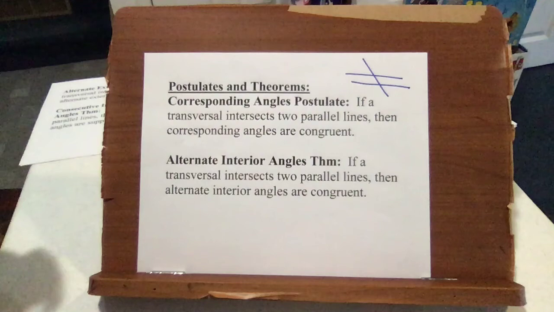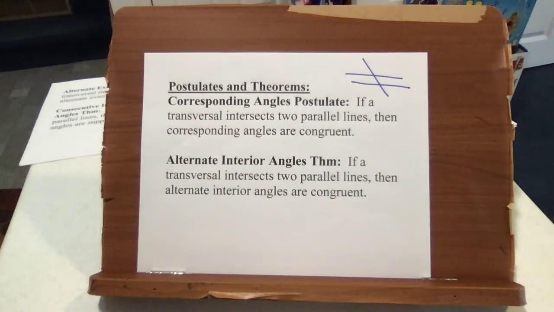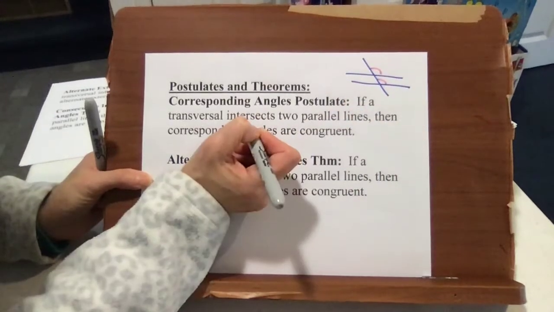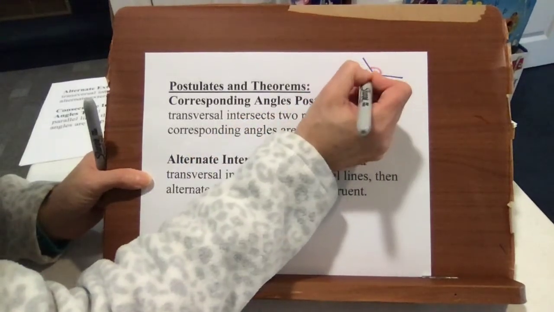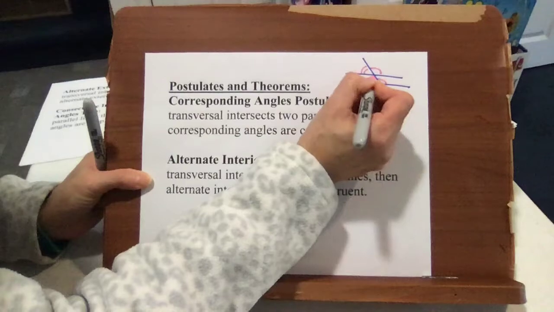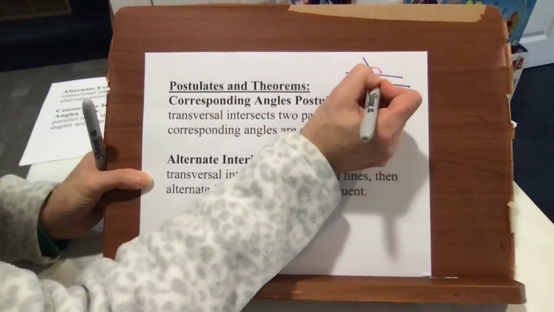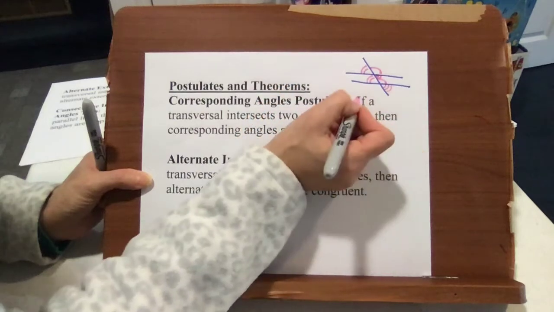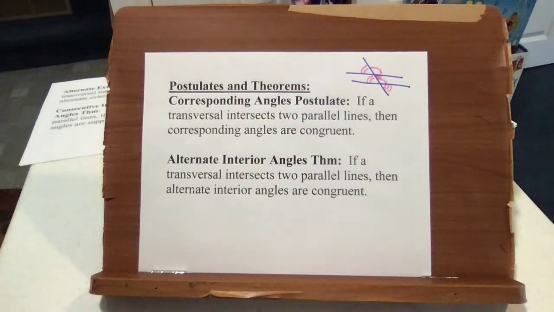Corresponding angles are congruent. For example, I don't even need names for these angles. These angles are congruent. The angles under here, 1, 2, 3, are congruent, and so on. So that's what this means.